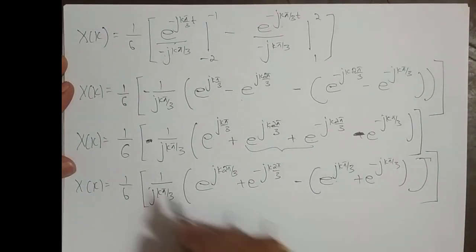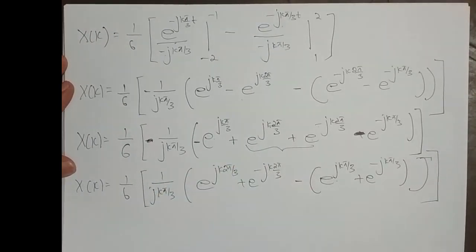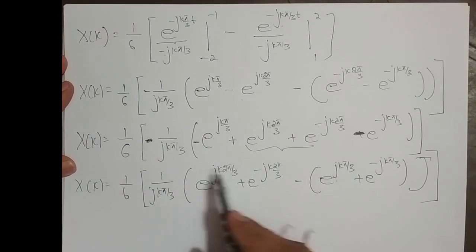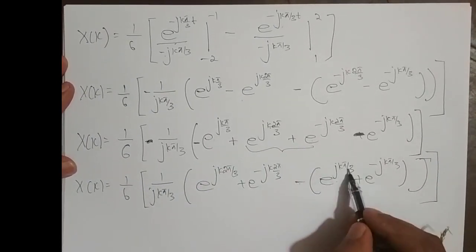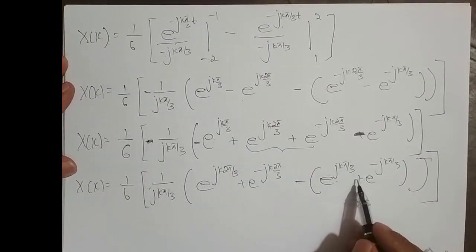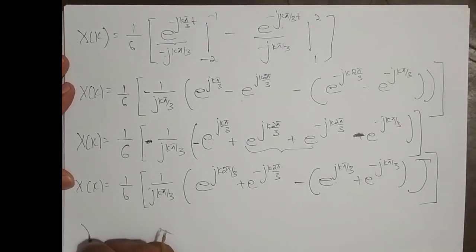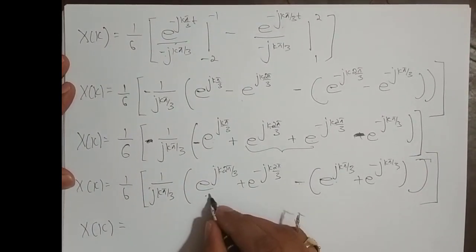When I took this minus inside, here there was plus, this becomes minus, right? Okay, so now it's proper. So if I take minus common in this term, so minus of e power j k pi by 3 minus into plus is minus e power minus j k pi by 3. Yes, fine.